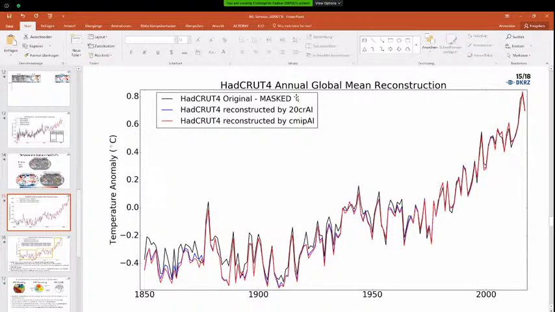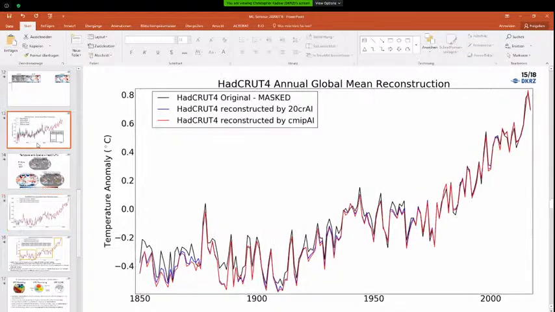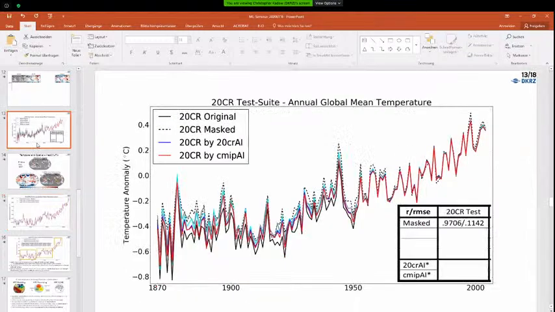But what it doesn't explain to me is on 20CR, if we look at the original, which is what it was trained on, it still tends to be too high rather than too low up until 1950, when it gets everything right. Yeah, there's definitely something missing, and there's still potential to be improved on these missing values. But you have to think about how much less data you have in this early period.